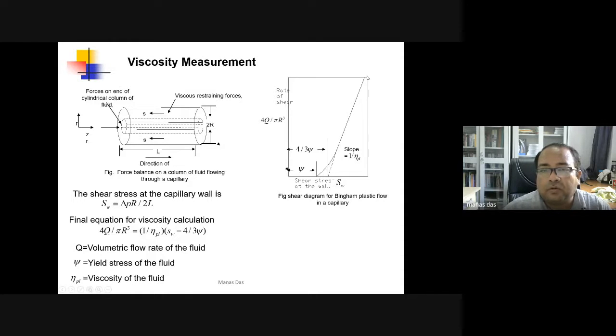At different pressures we plot the volumetric flow rate, and then this line can be generated. Where this line touches the axis, divided by 4 by 3, we get the yield stress of this fluid, and 1 by slope is the plastic viscosity.